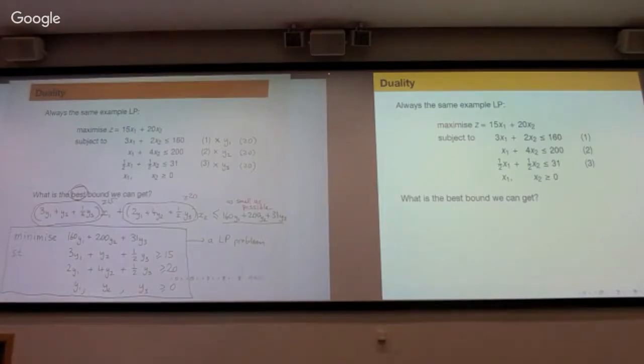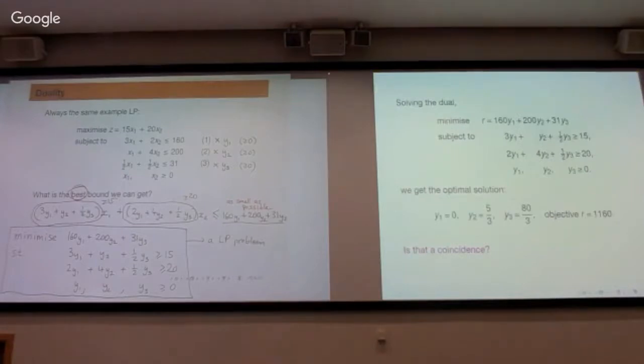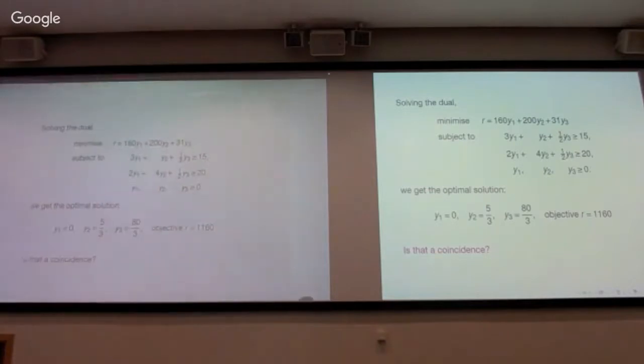In fact, you don't have to solve it because the next page of the handout gives you the solution. And here you can see that for some reason the objective of this optimal solution, which is the best upper bound we can get, is coincidentally, apparently, the same as the optimal solution of the problem that we started with, isn't it?